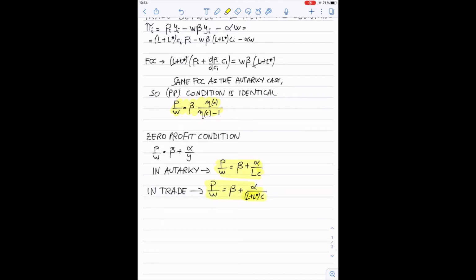But so what this actually means is that trade is simply increasing the size. Right? The effects of trade on the equilibrium are equivalent to an increase in size L. And so that's why we're going to model it that way.